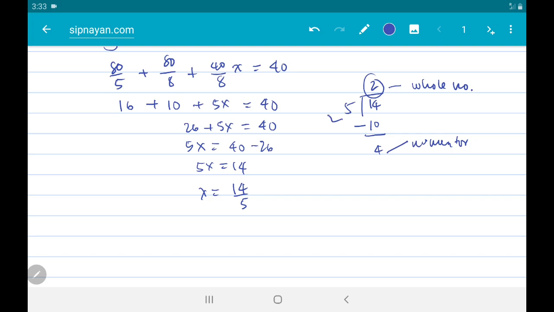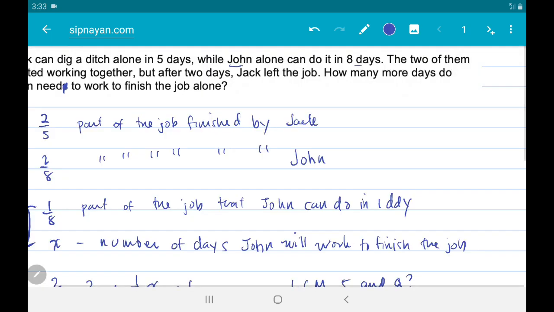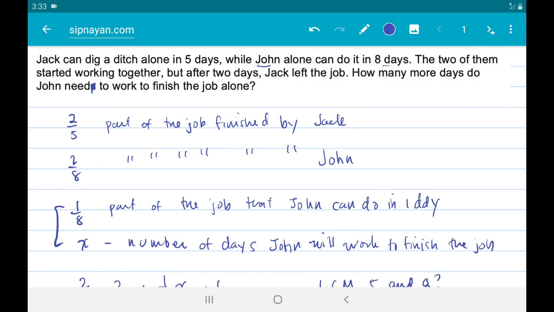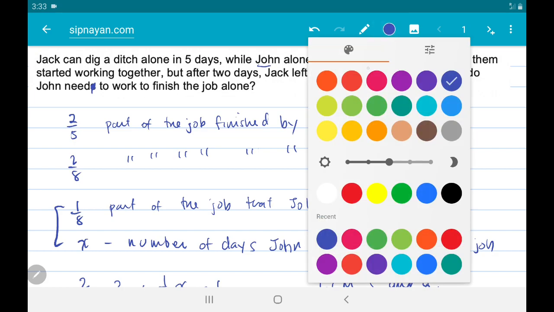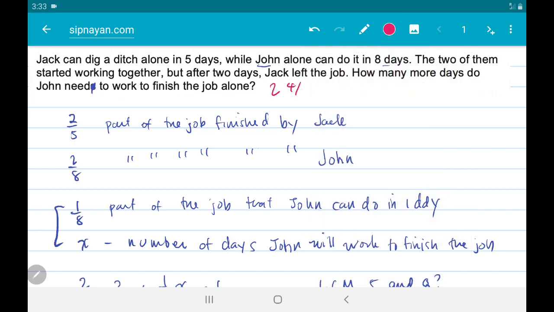At ito naman yung ating denominator. So that's 2 and 4/5. Meaning, 2 and 4/5 days pa siyang magtatrabaho si John alone. So this is 2 and 4/5 days. Okay, so that's it.